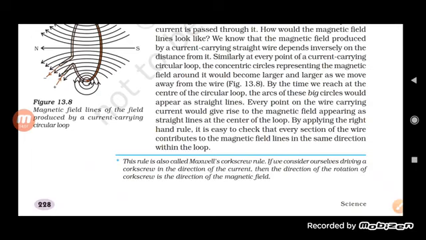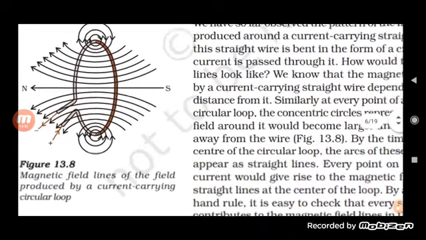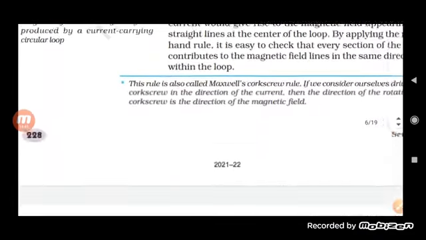So every very small section of this current carrying circular loop behaves like a straight current carrying conductor and produces a magnetic field, and collectively the whole circular loop produces magnetic field lines, as you can see in this picture. Okay, so this is the magnetic field produced by a current carrying circular loop.